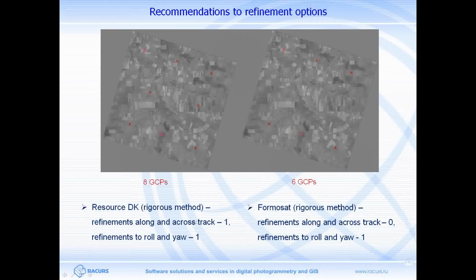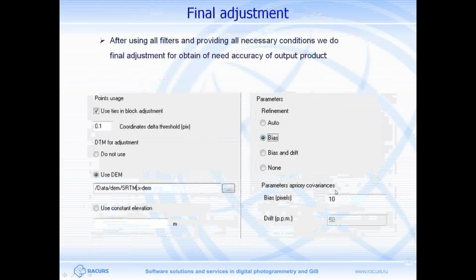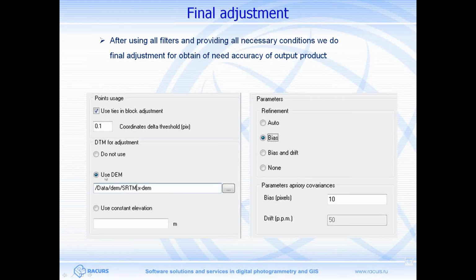And for Formosat, for example, like that, just samples. This is about final adjustment. Options are the same as on the second step of tie point filtering. And again, use DEM. We will talk about it a bit later in details: when you should use DEM, when you should not use DEM.